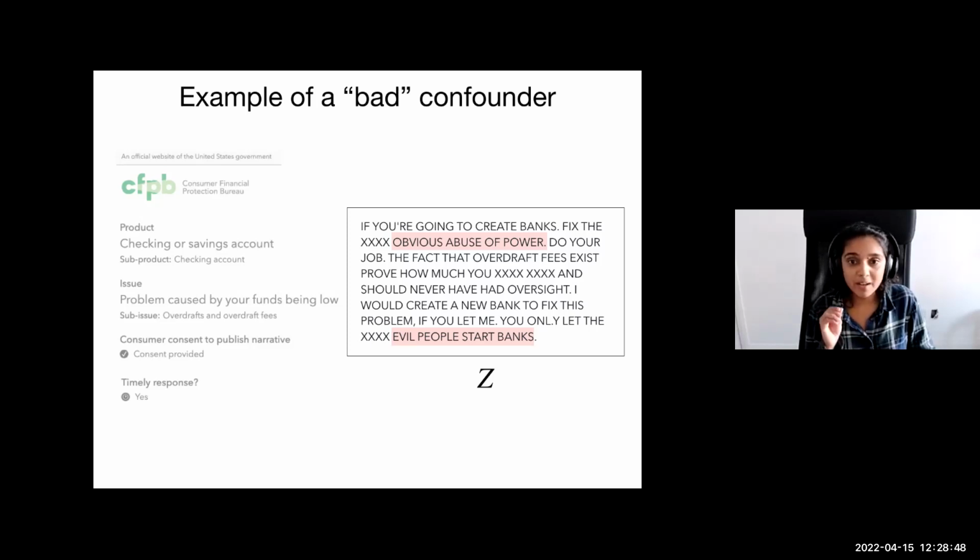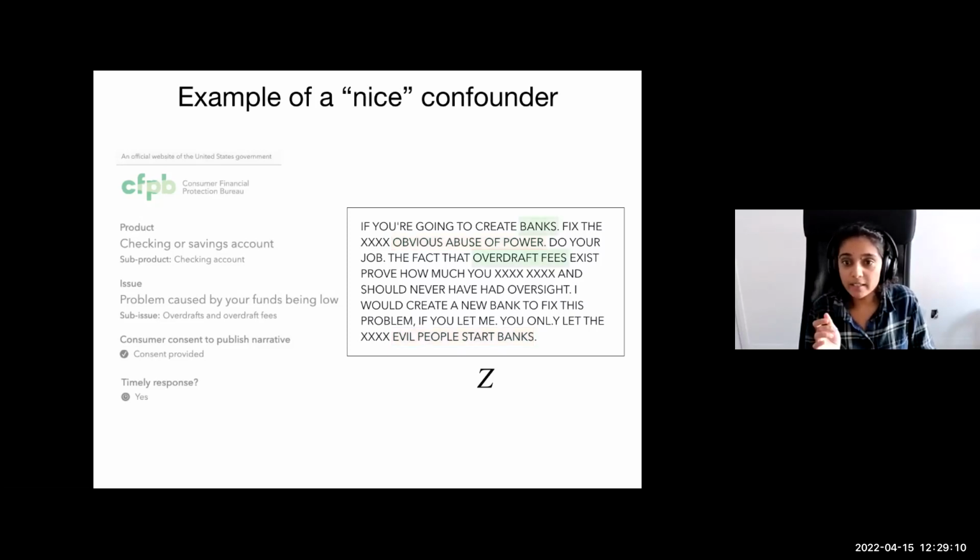It's going to be pretty impossible to imagine a reader perceiving this document as polite while still having those phrases highlighted in red. You can't imagine somebody seeing the phrase "evil people start banks" and then somehow thinking, this is a really nice complaint actually.